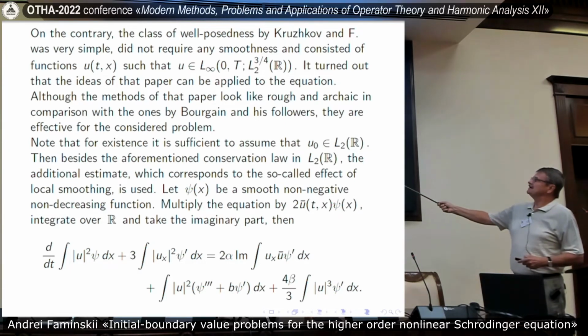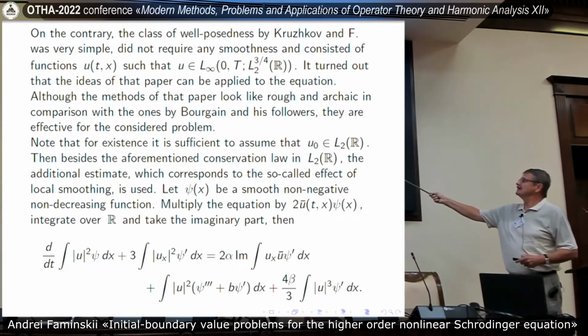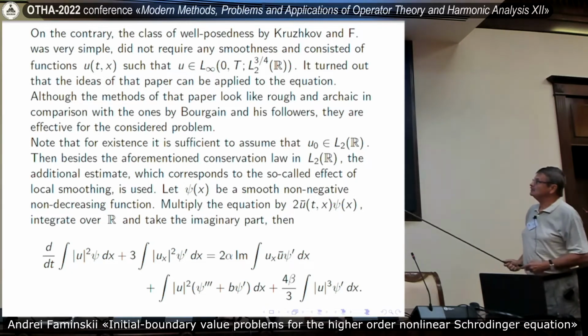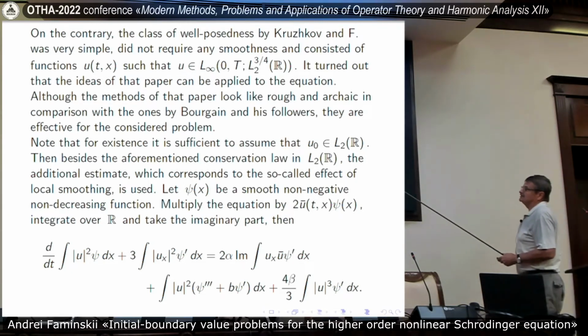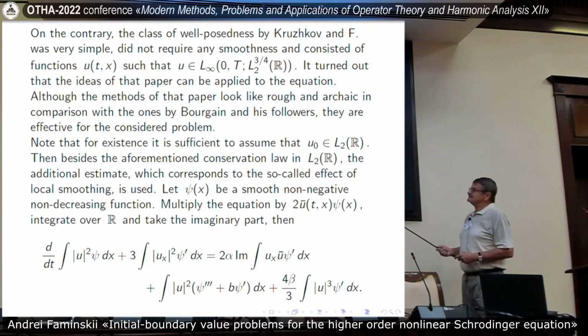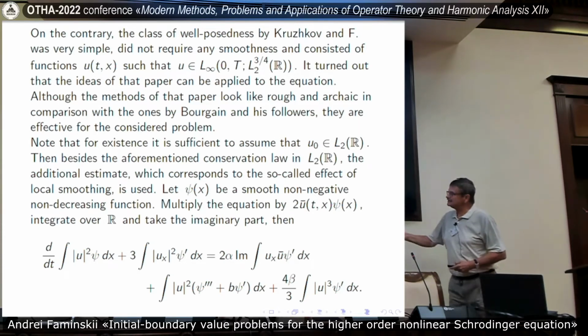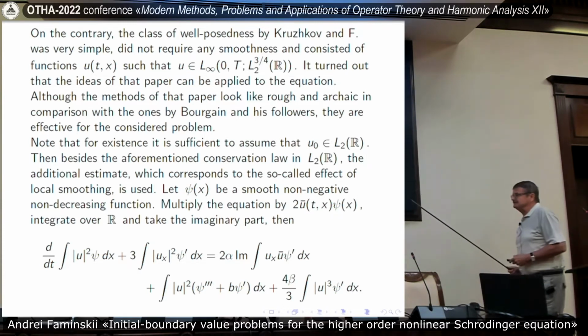Let's multiply the equation not by 2u bar, but by 2u bar and the auxiliary function psi, which is smooth, non-negative, and non-decreasing. And again, take the imaginary part and integrate, and then the following equality is derived.